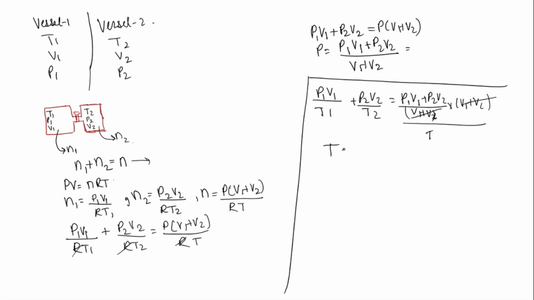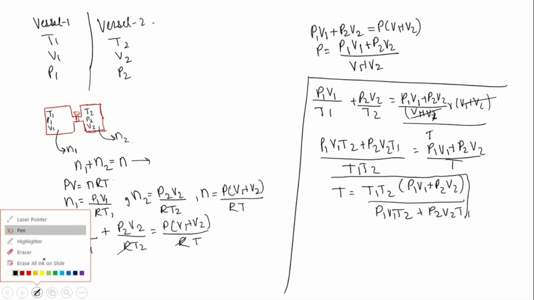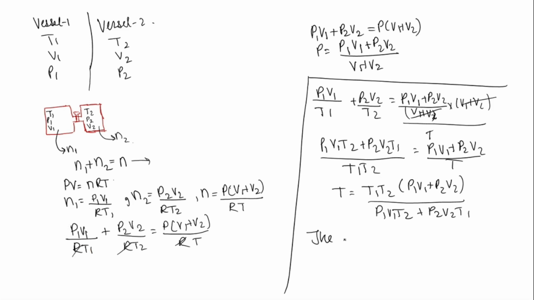So (P1 V1 T2 plus P2 V2 T1) by T1 T2 is equal to (P1 V1 plus P2 V2) by T. We need to find T. So T is equal to T1 into T2 into (P1 V1 plus P2 V2) by (P1 V1 T2 plus P2 V2 T1). So this is the temperature at which the system is in equilibrium. So the option is three.